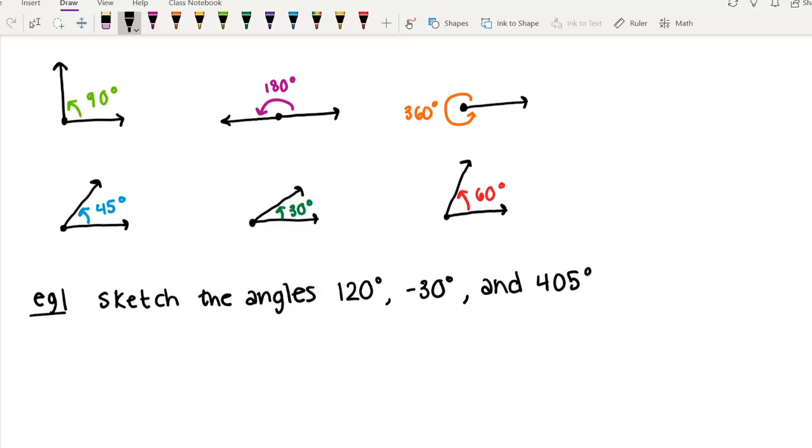You want to draw them with an arrow. The arrow is going to be really important, especially for the second two, because we have a negative, and one that is more than 360. So especially for angles like that, it's really important that you draw an arrow on them. Make sure you do that when you draw the angle.